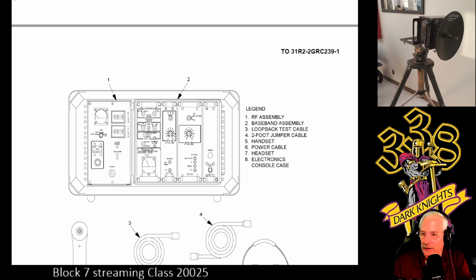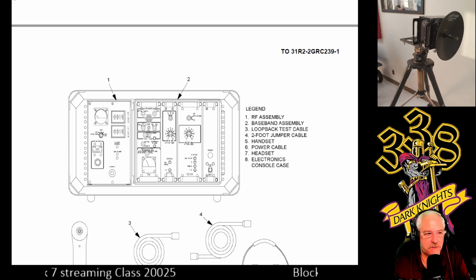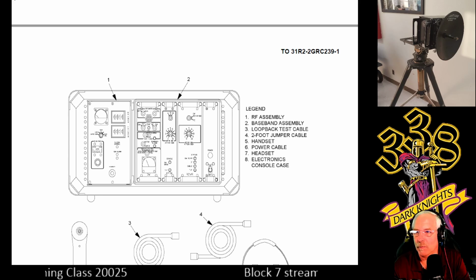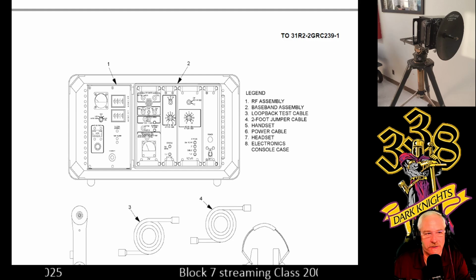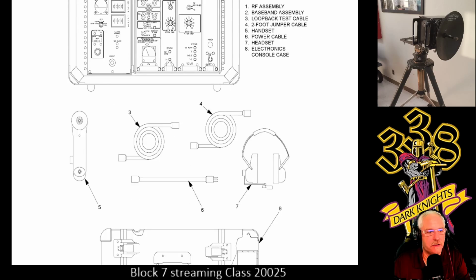This is a picture of a metal case with the baseband assembly and RF assembly. You'll see number 1 and number 2. RF assembly is number 1. Baseband assembly is number 2. This is on page 1-5. You also see where it says a 2 foot jumper cable, handset, power cable, headset, and electronic consoles case.